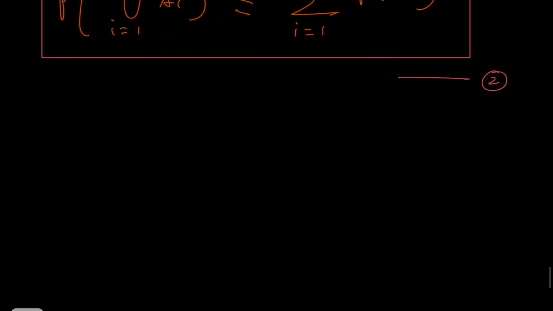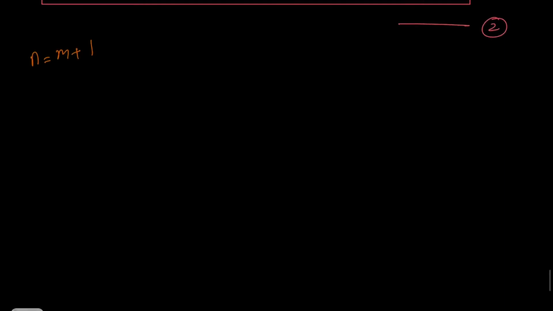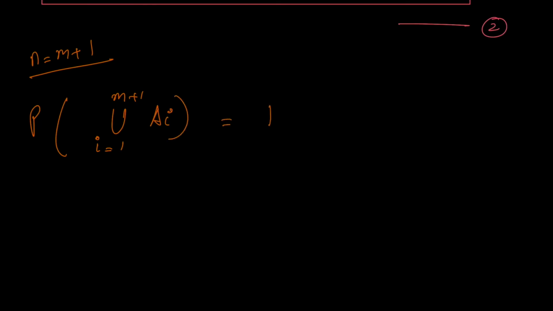Now let's take n equal to m plus 1. So what does it become? P of union of i equal to 1 to m plus 1 Ai. I can simply write it as P of union of i equal to 1 to m Ai union Am plus 1. I'm just breaking the thing.